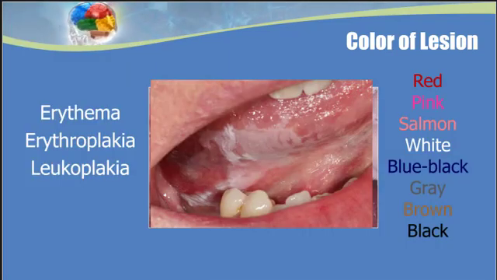So here we have a mixed erythroplakia and leukoplakia. Erythroplakia and leukoplakia are precursors to oral cancer. These are lesions that we really want to evaluate thoroughly.